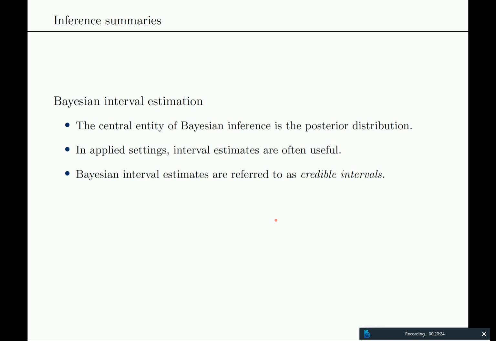And of course, this is contrasting with confidence intervals, as we discussed in frequentist statistics. To make the distinction clear, the Bayesian interval estimates are called credible intervals, but I think it's also important that you shouldn't think about whether credibility or confidence are different things, because these are just words, these are just pointers to these things. The difference between confidence intervals and credible intervals is in how they are created.